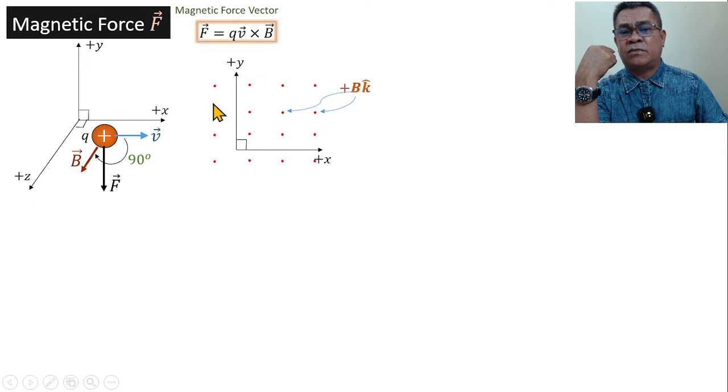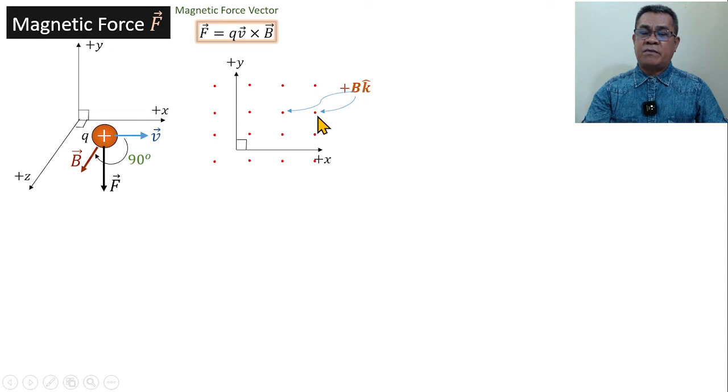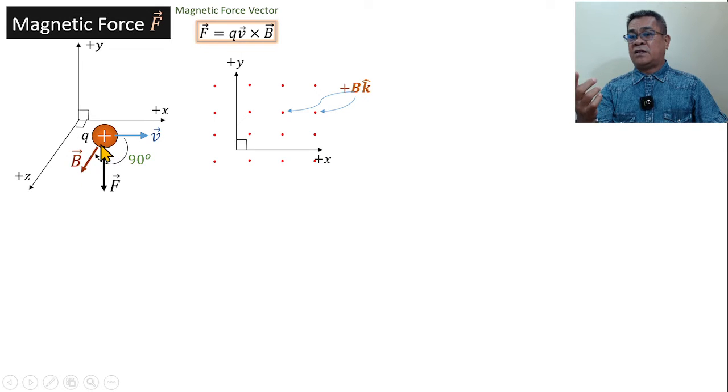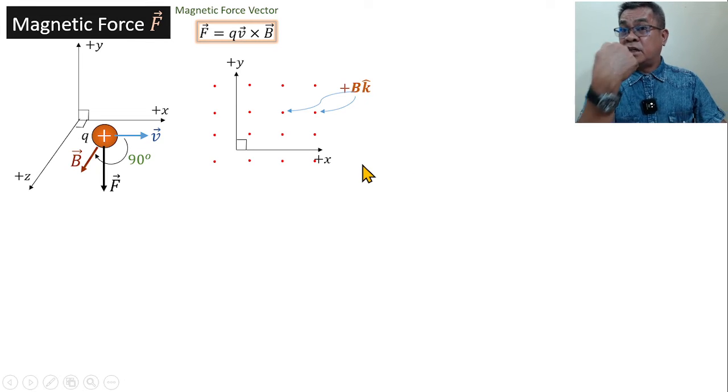The dot means the tip of the arrow. Remember, the magnetic field is a vector, so it has a tail and it has the tip of the arrow. The tip of the arrow is the direction. So if the arrow is pointing towards you, the z-axis is towards you.